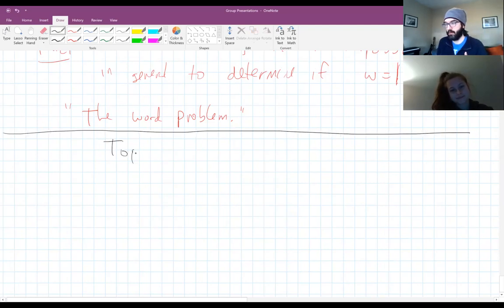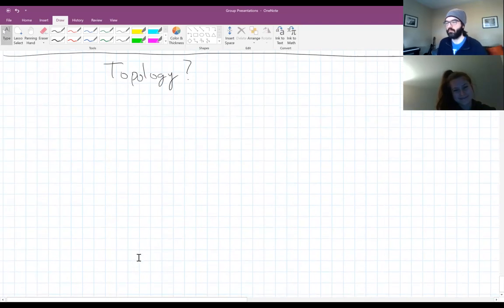So how does this relate to topology? Here's how. Let's take the space X, which is S1 wedge S1.